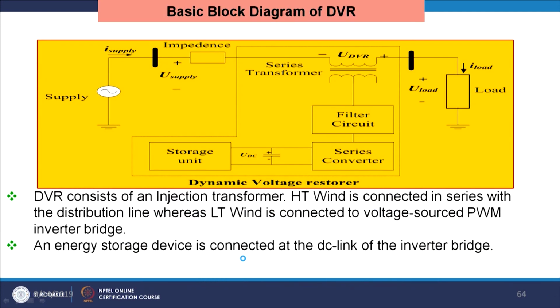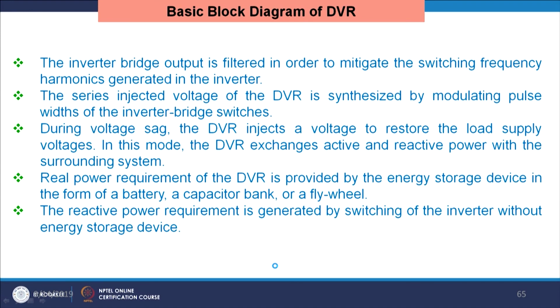So, this is the overall basic diagram of the DVR. This is the storage unit, then the series converter, and this is a series filter, and in that way it will compensate the filtering part. Similarly, we require the DC power requirement to be provided. It can be provided by a battery, capacitor bank or flywheels.